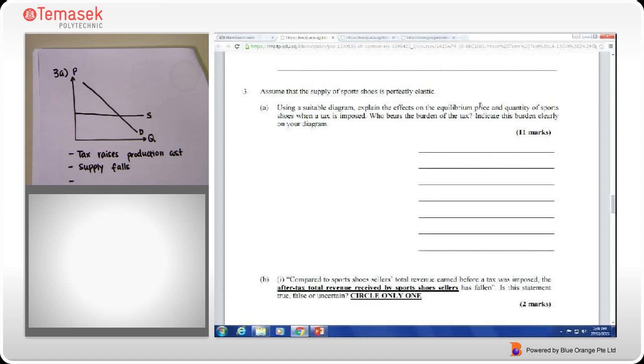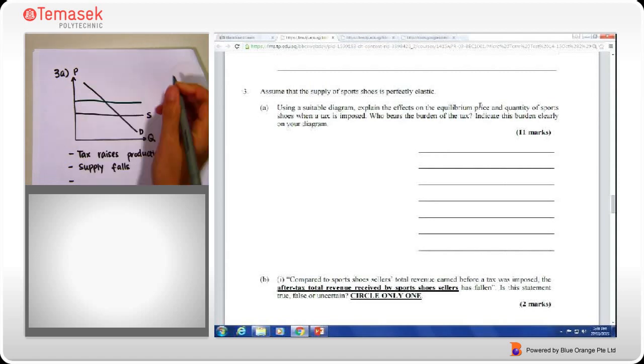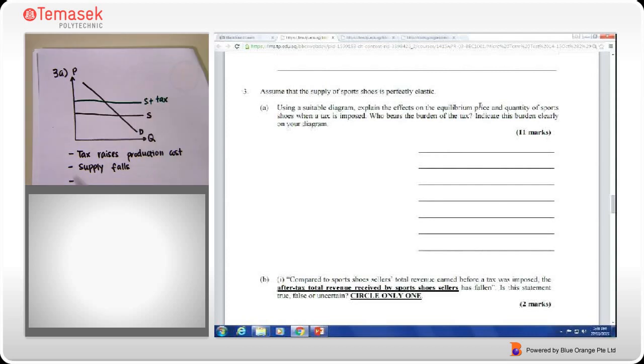Because this is a horizontal supply curve, instead of shifting left, it will shift up. If it shifts down, the price will fall. So when a tax is imposed, price should increase. Therefore, it should be shifting up.